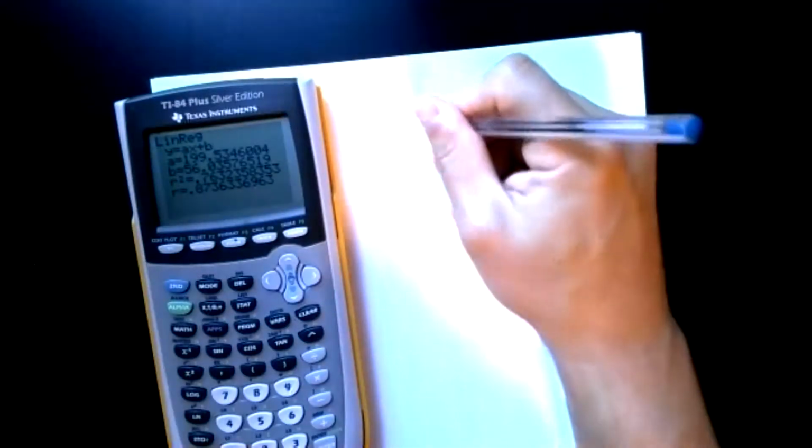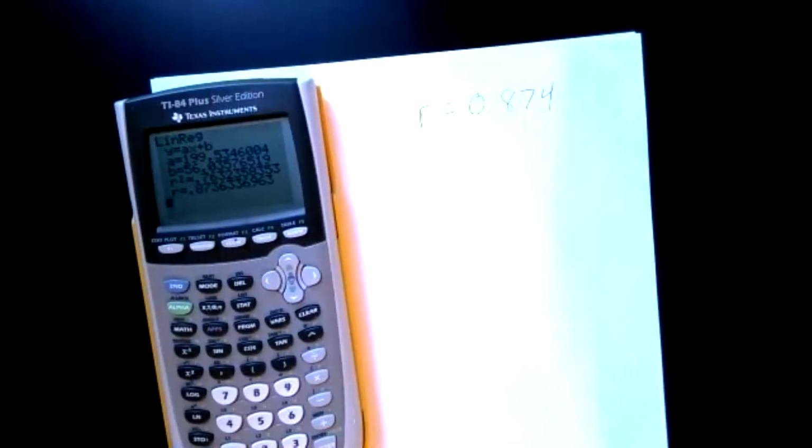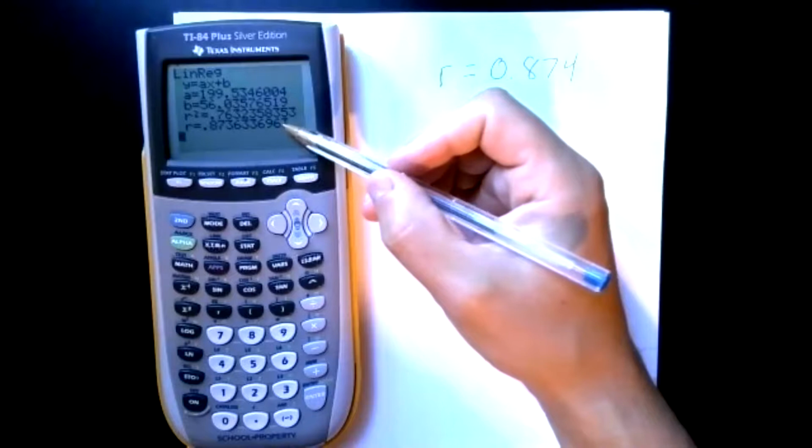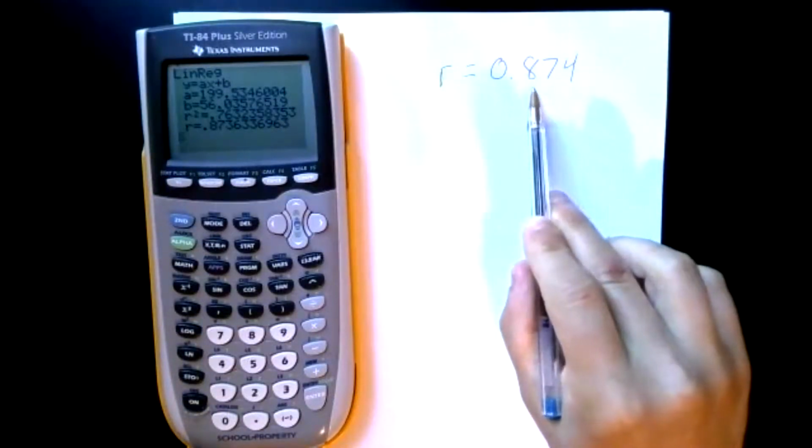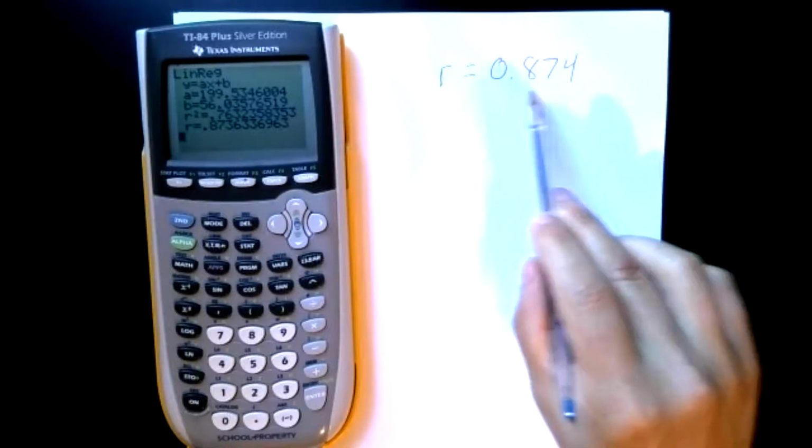Now, what you see here, this is what we need. R equals 0.874. Now, this is important. We're going to use this again in just a minute. But for right now, if we look at this R value, 0.874, that's pretty strong.